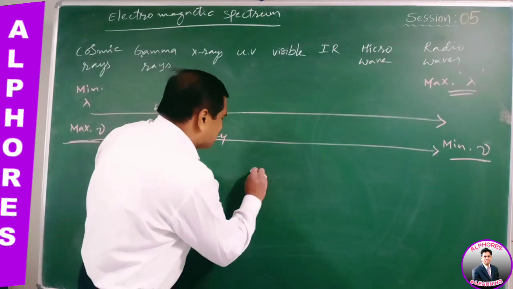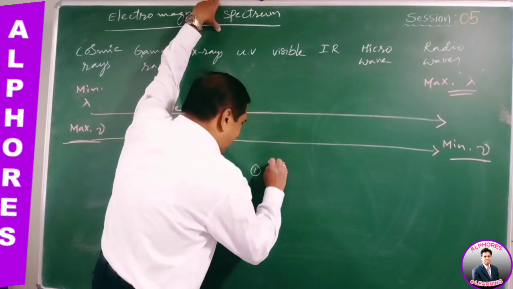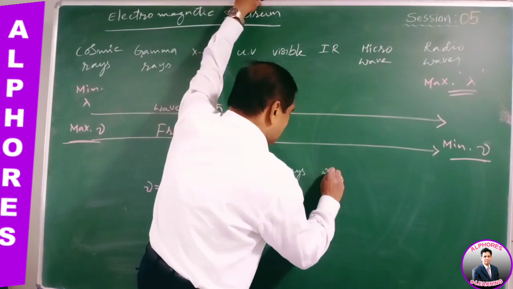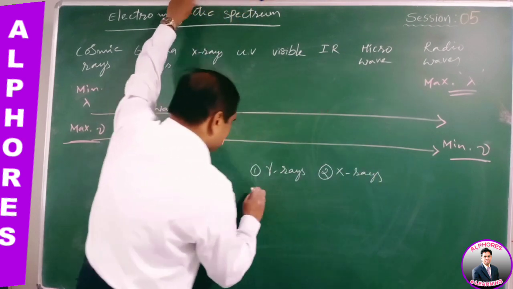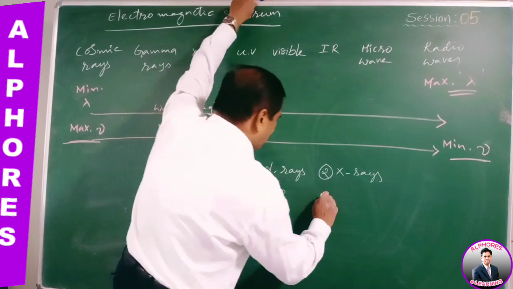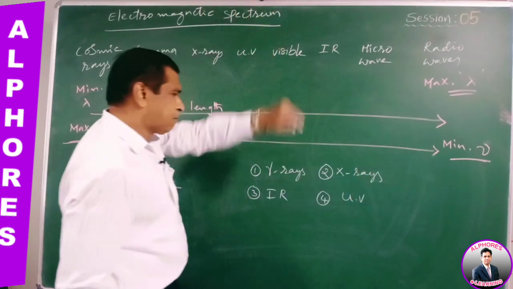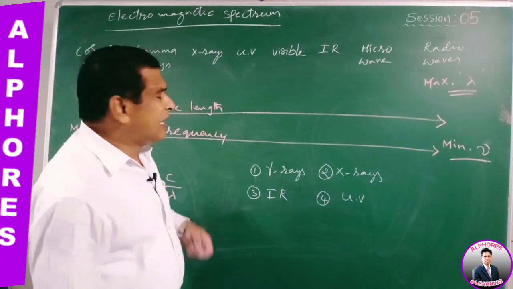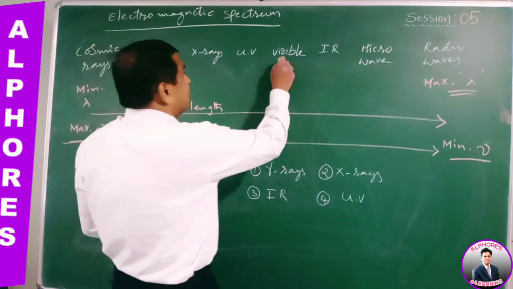Now let us see the options: first option gamma rays, second option X-rays, third option infrared rays, and fourth option UV rays. Which among the following possesses greater wavelength than visible light? Visible light is this one.